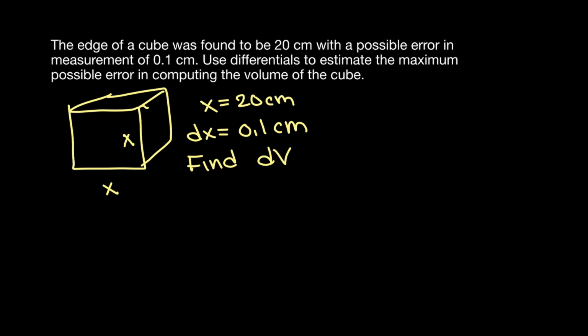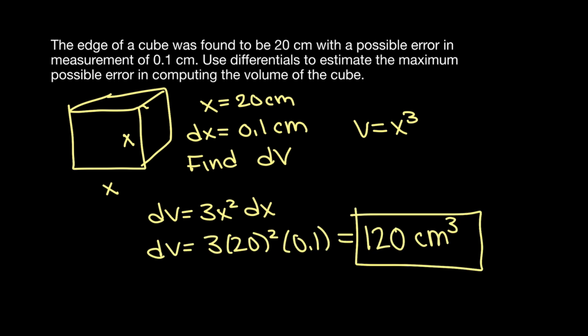In this problem, they are asking us to find dv. They're asking us to find an error or a change in the computation of the volume. So volume of this cube would just be x cubed. And so I can compute that differential, dv, by taking my derivative times dx. And the derivative of x cubed is 3x squared. So dv is 3x squared dx.